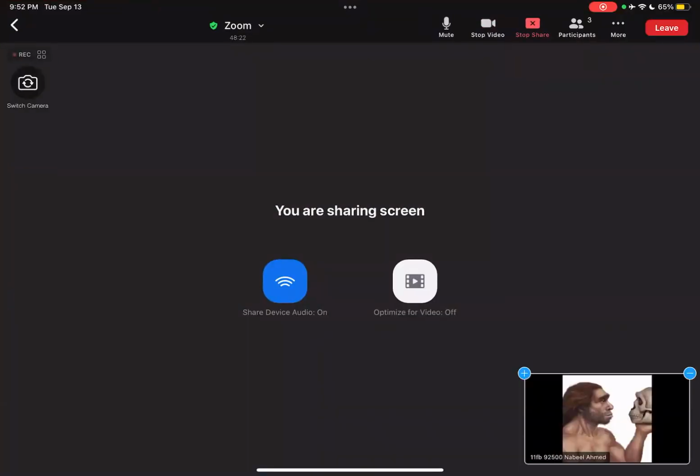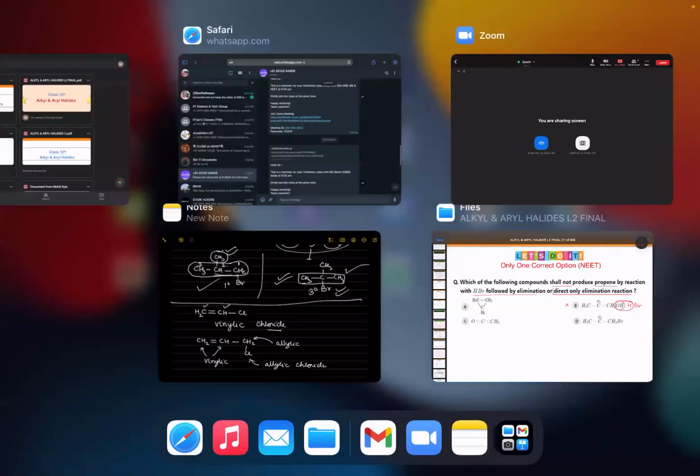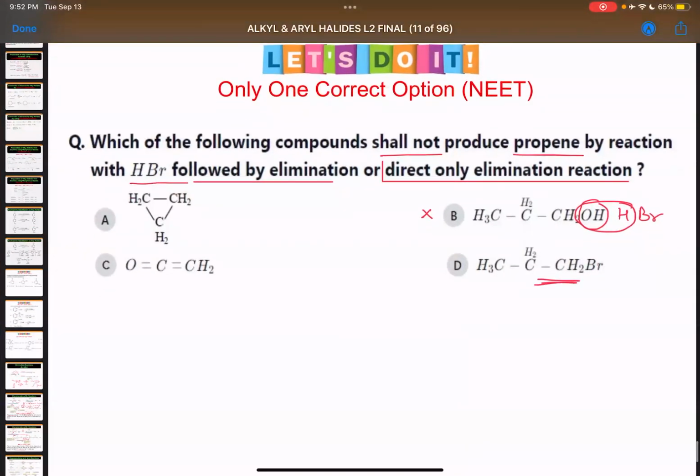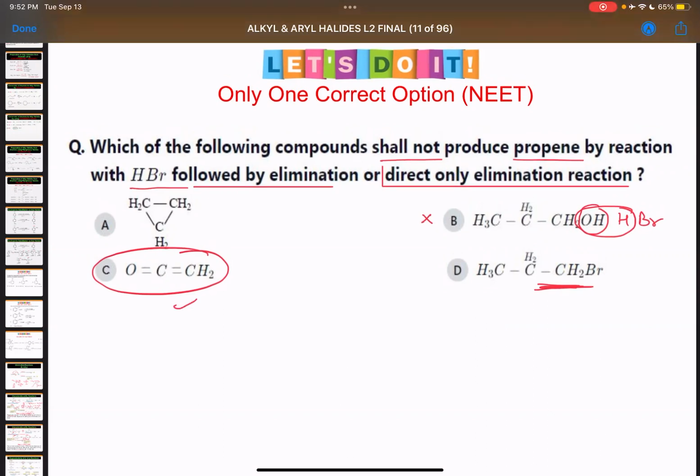Sir, so C we can say. Yeah, C, exactly. And here, by directly doing the elimination, you can get the propene. But in C, you can't get the propene because there are no 3 carbon atoms. Clear or not? That is how you can quickly decide.